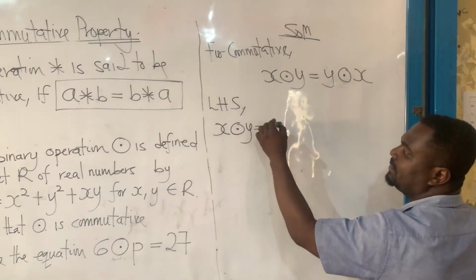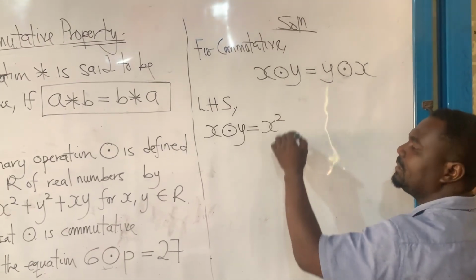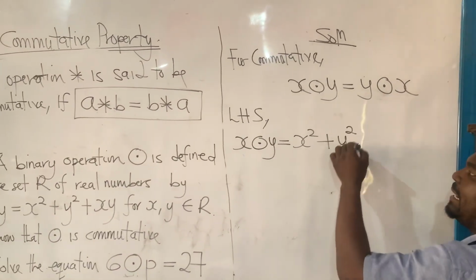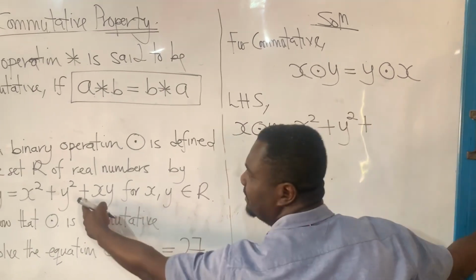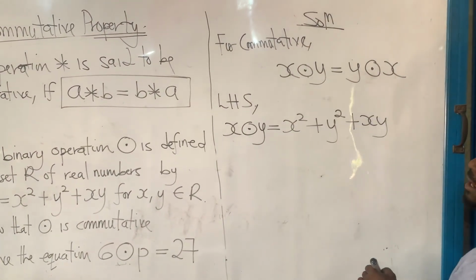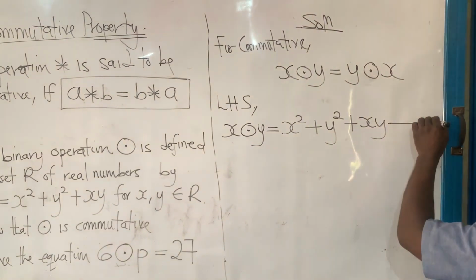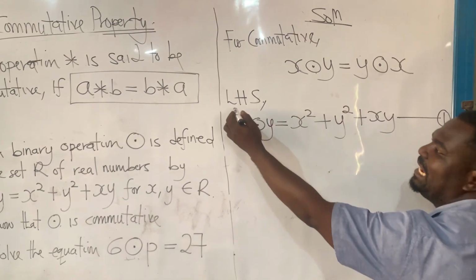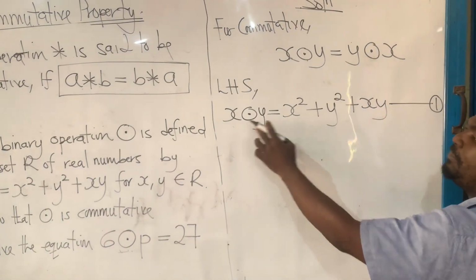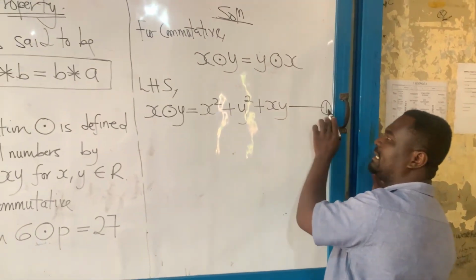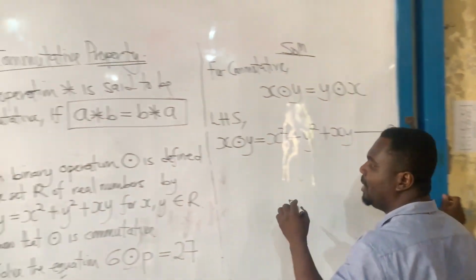So x squared plus y squared plus xy. Then I'll call this equation 1, because I'm doing comparison.